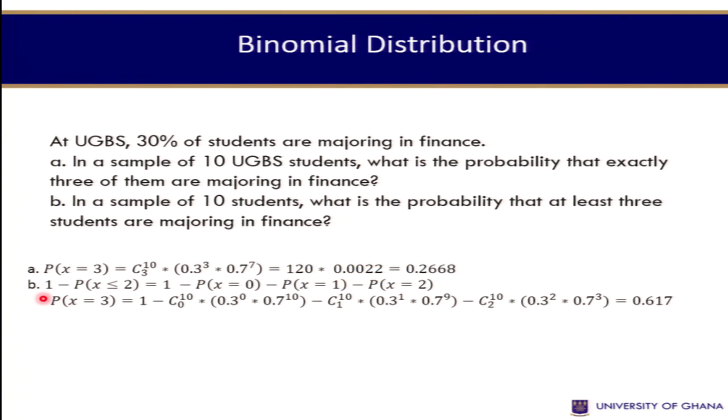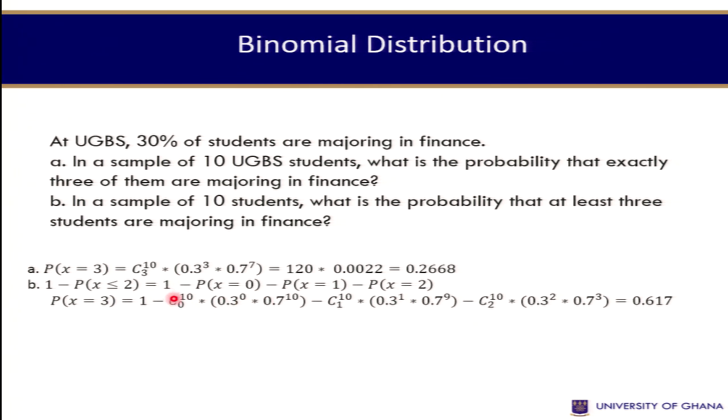So the probability that x is greater than or equal to 3 can be rewritten as 1 minus the probability that x is less than or equal to 2. So instead of putting in values that will range from 3 up to 10, I'm just going to put in values that will range from 0 to 2.